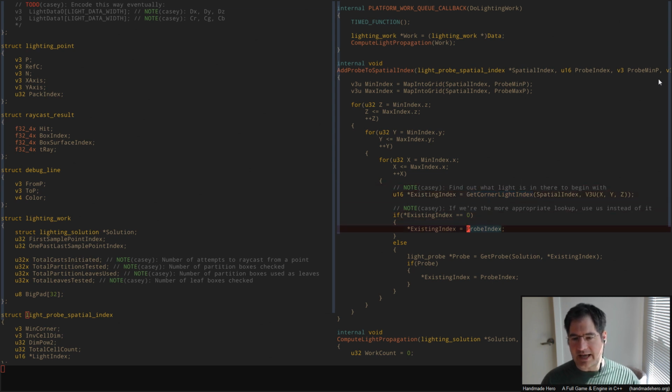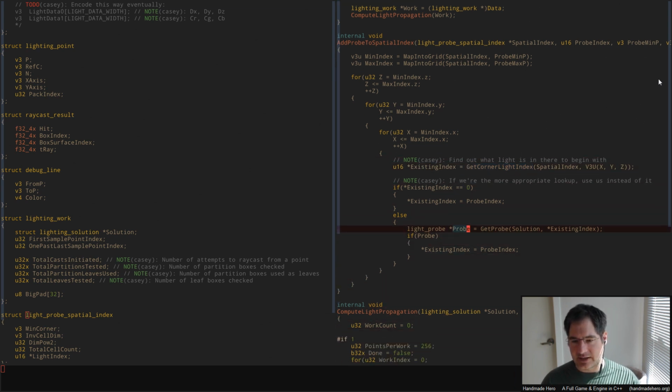So when we need to actually place something into the system, you can see us asking for the existing index, getting that light probe out. Look at what happens with get probe here. There has to be something there, because existing index would have been 0 if there wasn't.